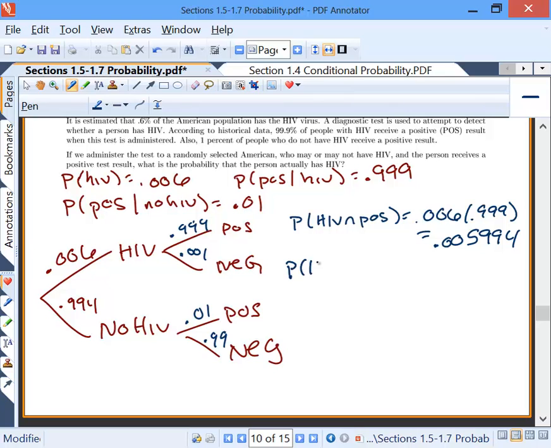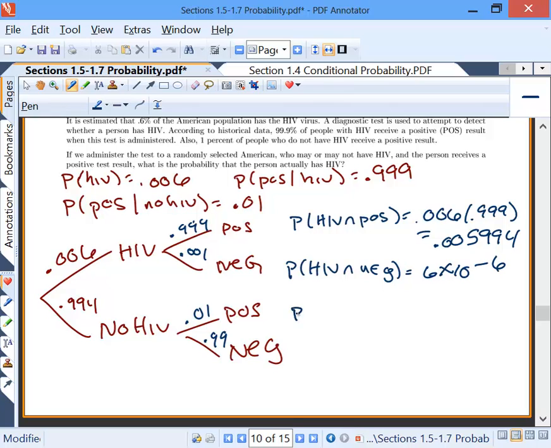The probability of HIV and negative, we multiply 0.006 and 0.001, which is 6 times 10 to the negative 6.